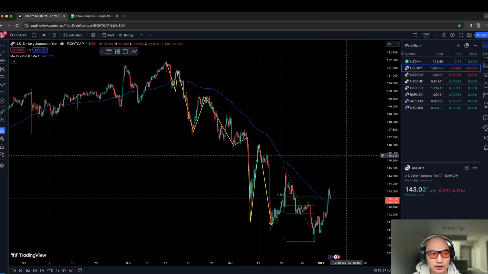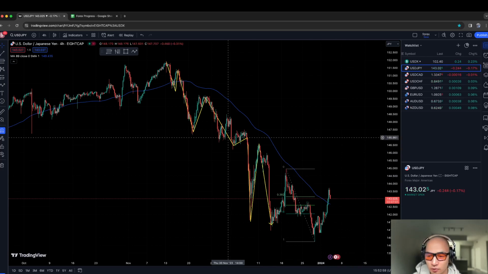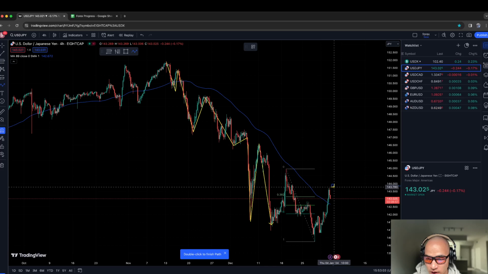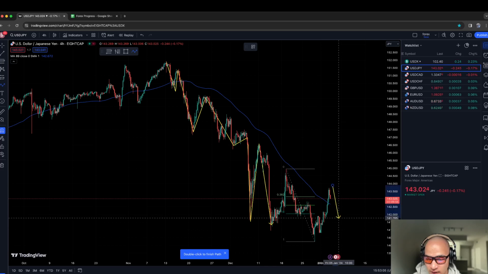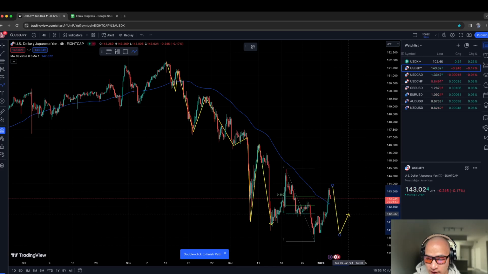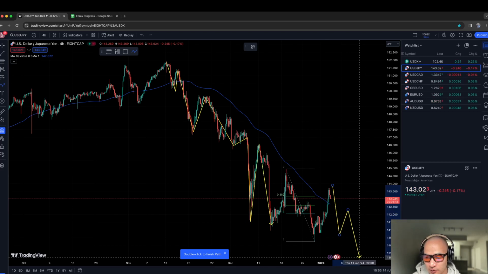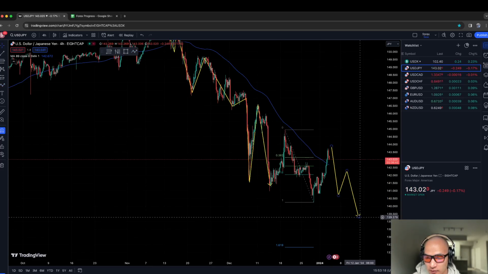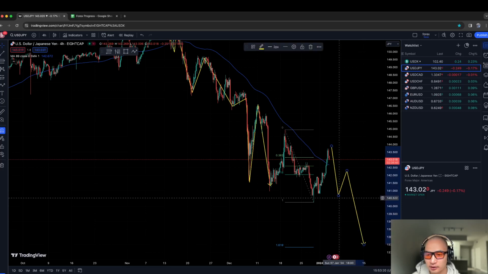So I assume USD Japanese yen is also faking out. Then I assume it will start to go down, then it will retrace. That's when I like to trade, and it will continue going down like that. So I assume it will have a movement like that.